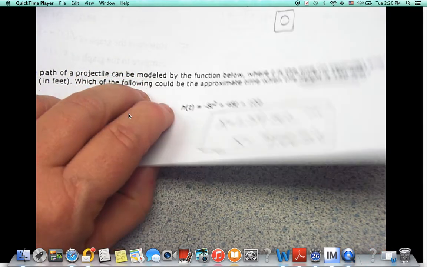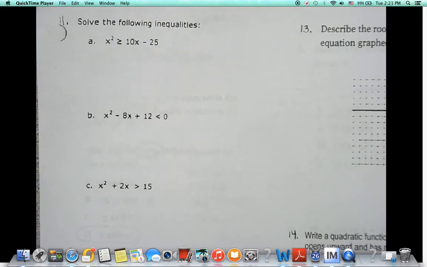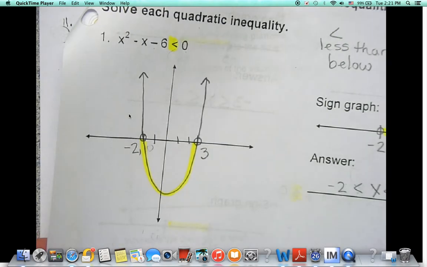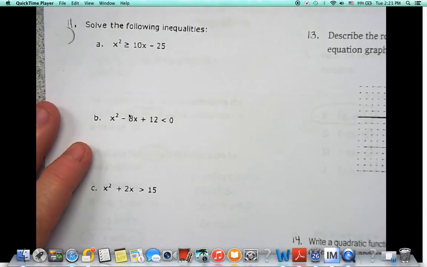Okay, number 11. This is the funnest one of all, because there are 3 problems in one. All right, this is the inequality. Remember when we did this? Let's learn. How do we solve that?